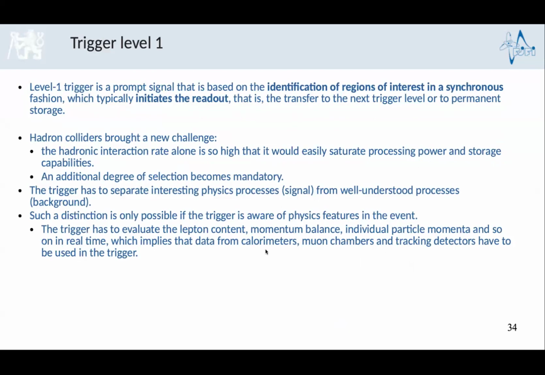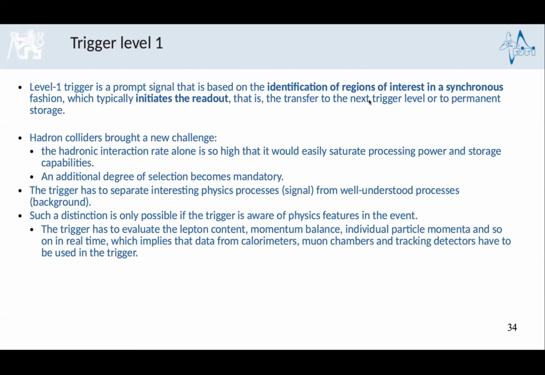So in the first stage of trigger, we have the so-called trigger level one. Depending on the experiment, they can have two, three, even four levels of trigger depending on the strategy of each detector. So the level one trigger is the prompt signal. This is the fast one. It is commonly based on the identification of regions of interest in a synchronous fashion.